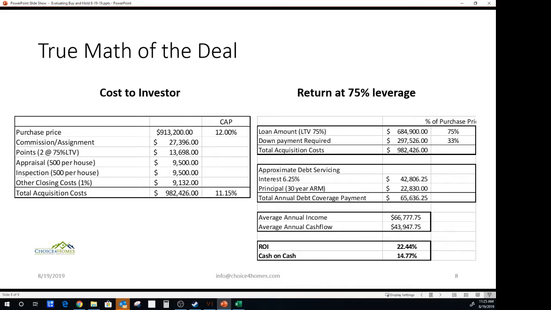Let's add in some of the other acquisition costs that I talked about up front. So we're going to spend about $30,000 in commission and assignments. We're going to spend 2 points on a loan, and for now I'm assuming only one loan. I'm not assuming anything fancy like two-stage financing. And we're going to spend $500 a house on appraisals, and that's times 19 houses.